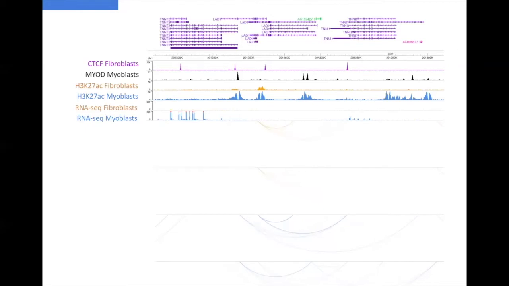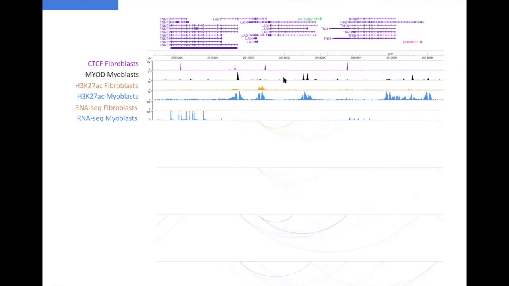interactions between the promoter of a MyoD target gene and distal elements that were not captured previously by our combined HiC and ChIP-seq analysis. So the interaction that I've shown you in the slides during the presentation was related to this promoter-bound MyoD and this intragenic sequence within this gene called LAD1.